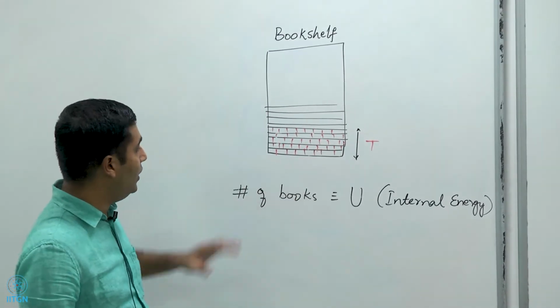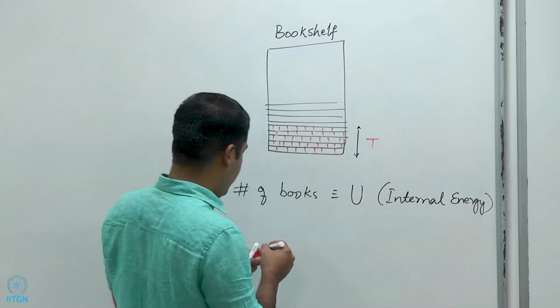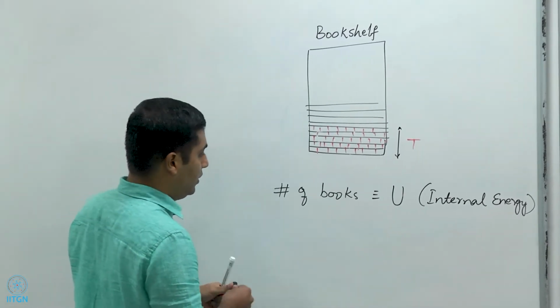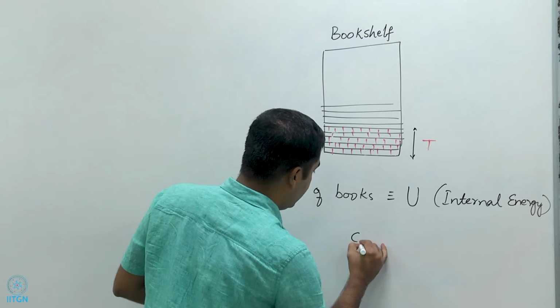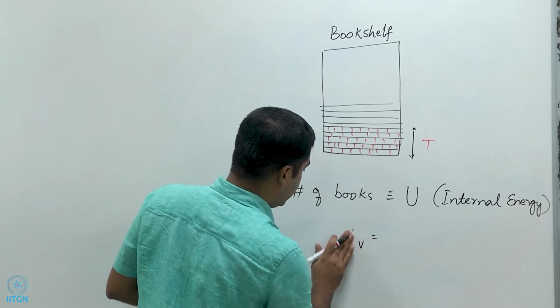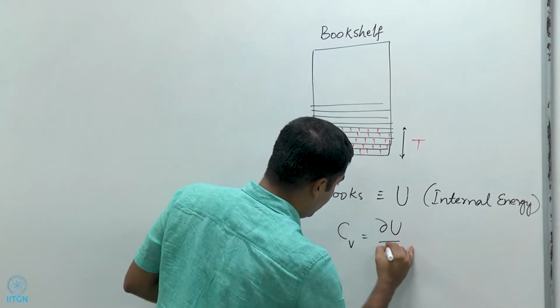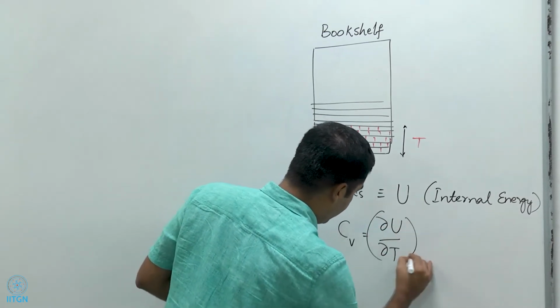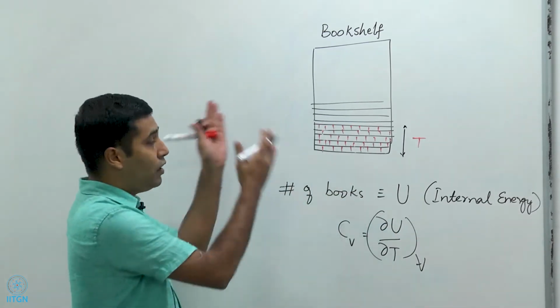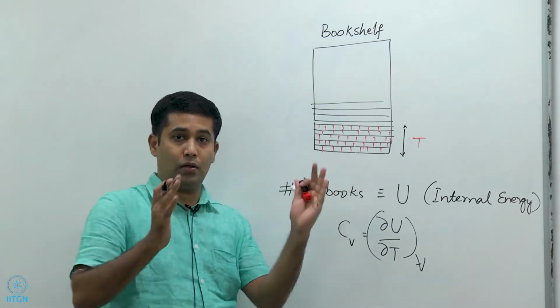And CV takes that relationship between U and T, right? So CV is defined as ∂U/∂T at constant volume. Now this bookshelf, let's say, is rigid, its volume cannot change.